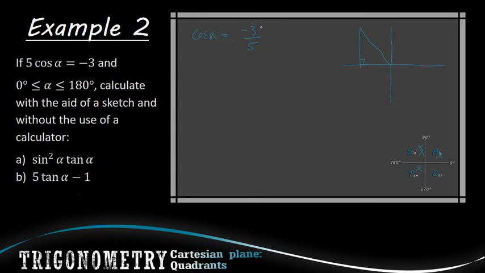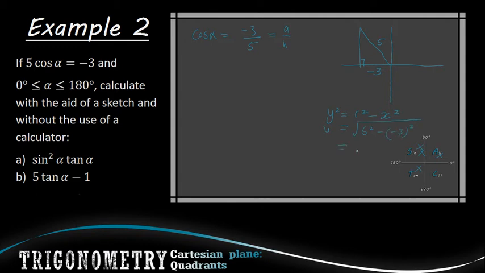We've got cos alpha equal to adjacent over hypotenuse, so my adjacent side being -3 and hypotenuse is 5. Then I can just use Pythagoras to solve for this side. I have y squared is equal to r squared minus x squared, so y is equal to the square root of 5 squared minus -3 squared.